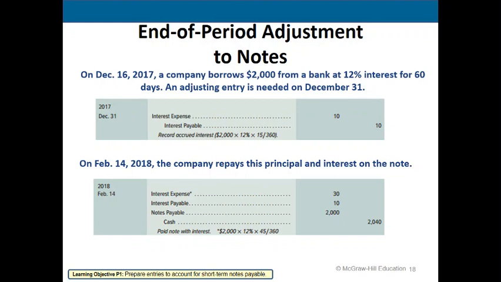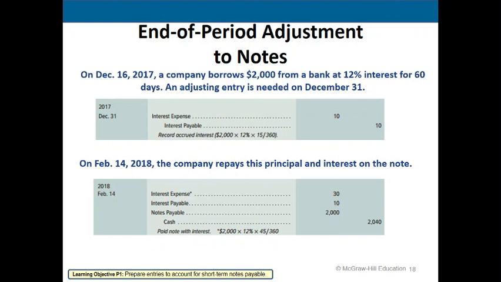You borrow it 15 days from the end of the year, and so you're going to have to accrue 15 days worth of accrued interest as interest expense through the end of the year. So 2,000 times 12% is $240, times 15 over 360, and so that's going to be $10.